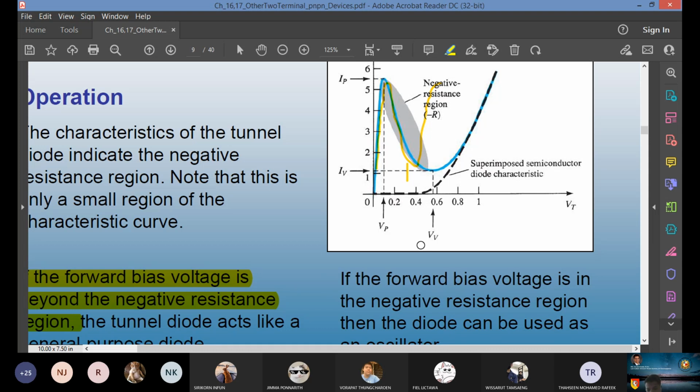Compared with a regular diode, a tunnel diode has a much reduced depletion region. So if you compare the depletion region of a regular PN junction diode and that of a tunnel diode, we should know that the depletion region for the tunnel diode is much lower. Therefore, it is considered a high frequency device for applications where you need a switching time of nanosecond or picosecond.